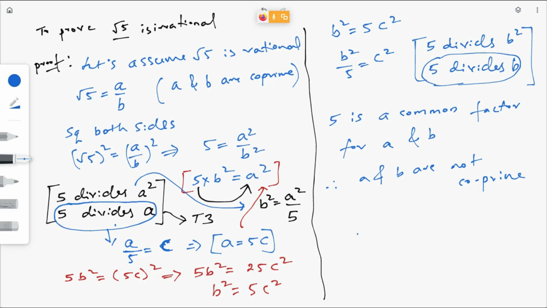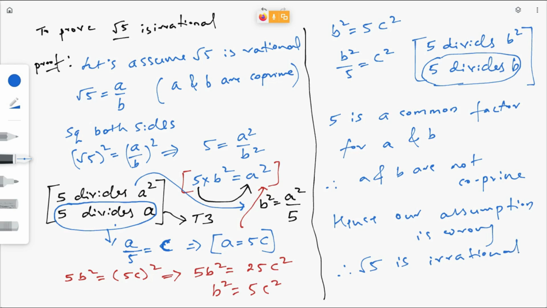Hence, our assumption is wrong. Therefore, root 5 is irrational.